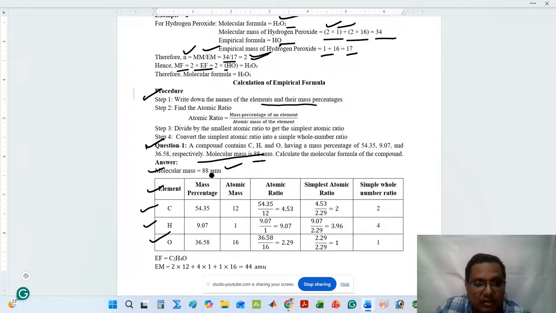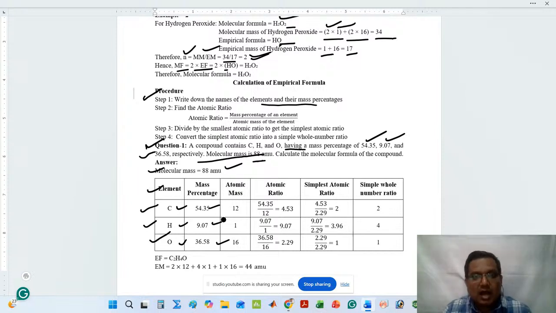Next, write down the mass percentage. In the question the data is given as 54.35, 9.07 and 36.58. So I can write the mass percentage: for carbon 54.35, for hydrogen 9.07, and for oxygen 36.58.